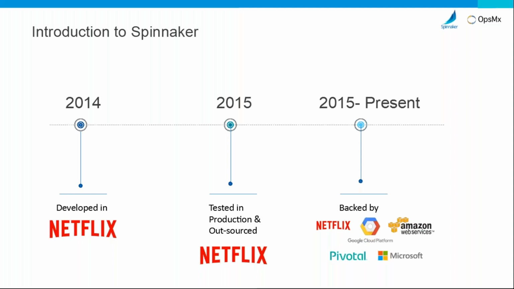Just to give a brief introduction, Spinnaker was initially developed by Netflix in 2014, and then it was battle tested in production with around 7,000 plus applications and around 10,000 deployments on a day-to-day basis. And when Spinnaker was stable, it was open sourced by Netflix in 2015. Since then, it has been backed by huge tech giants like Google, Amazon, Microsoft, Target, Pivotal, so multiple organizations.